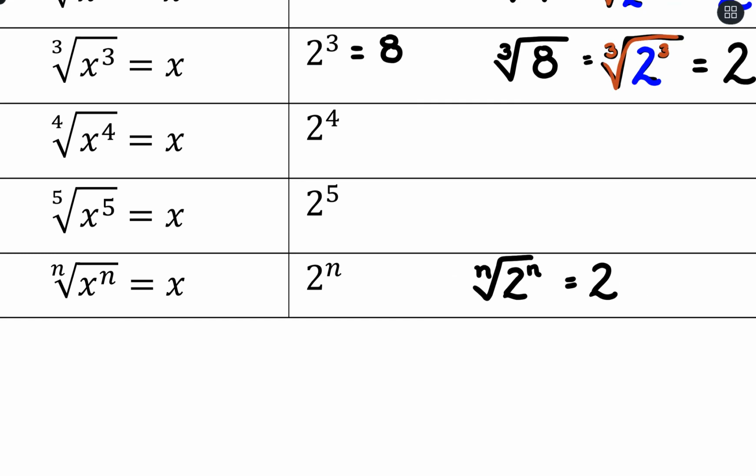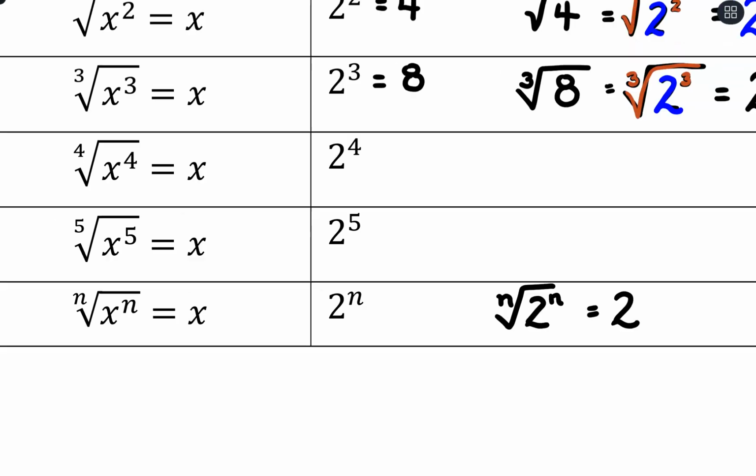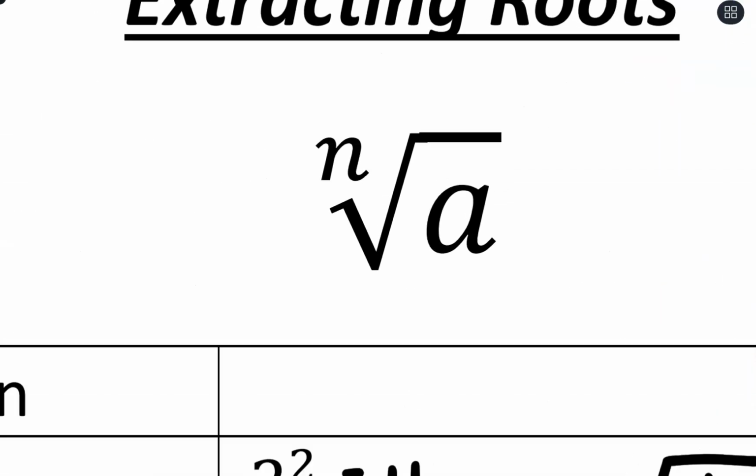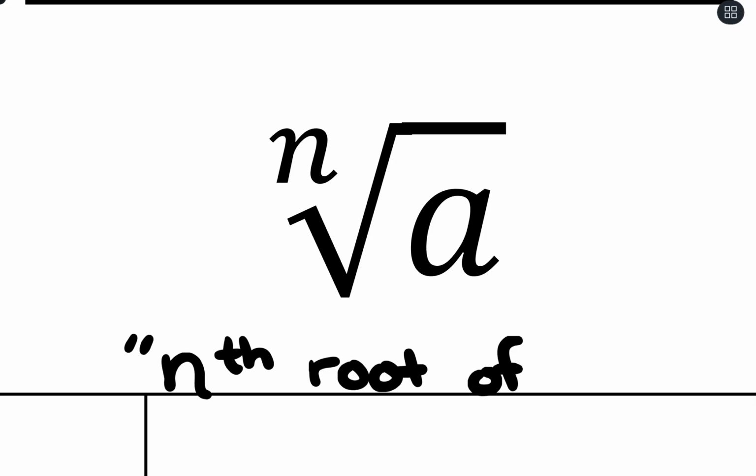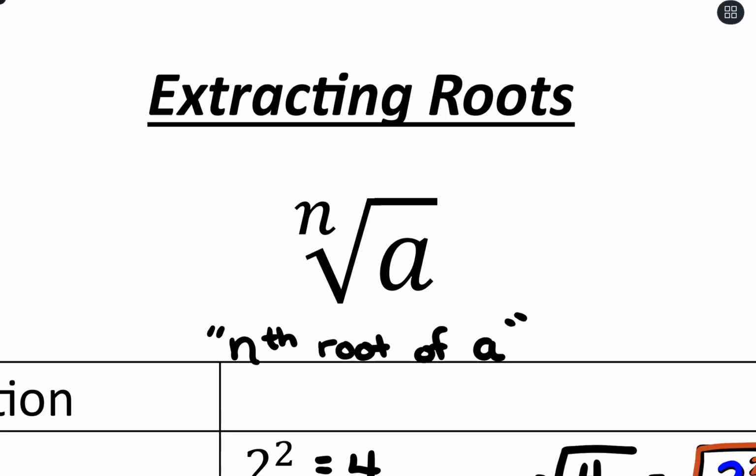So let's talk about some terminology here with all these values kind of floating around. So this is the nth root of a. That's how I would read that out loud. Now, some terminology that we use, the symbol itself, this symbol right here, that is called the radical.